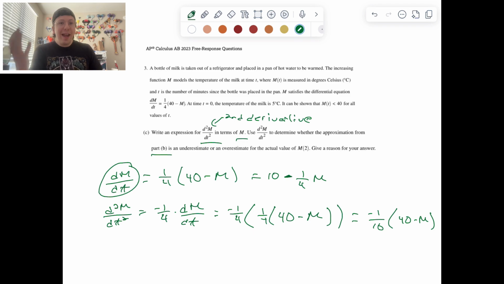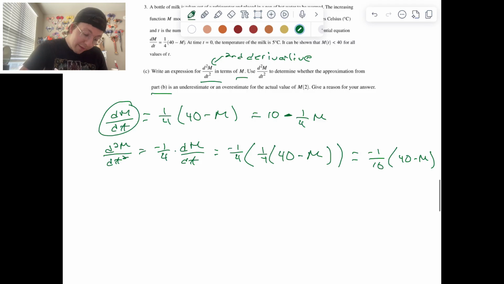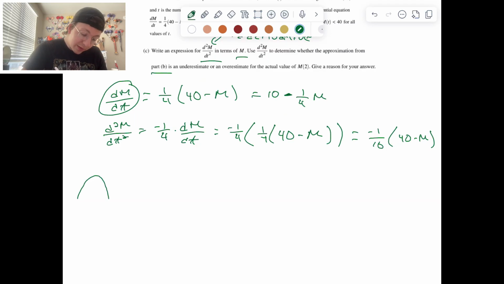All right, now let's move on to our next aspect here. Use d²m/dt² to determine whether the approximation of part B is an under or overestimate. If my function is concave down, aka d²m/dt² is less than 0, we know our function is concave down.